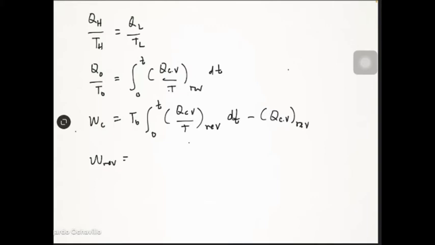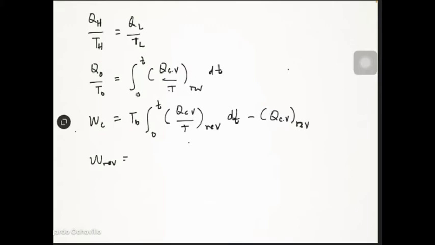So we have M2 S2 minus M1 S1 plus the summation of M_e S_e minus the summation of M_i S_i, equivalent to the integral from 0 to T of QCV over T, reversible, dT.